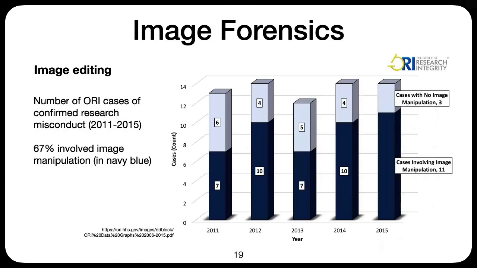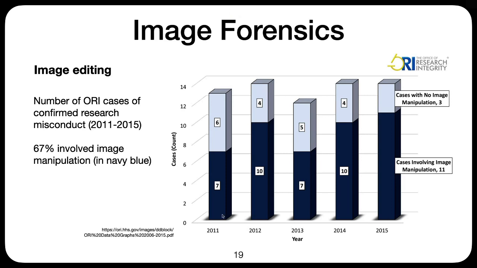And if you're wondering if this is a real problem, yes, it is. So here, this is the Office of Research Integrity. This is an American agency that works for the Human Health Services. They are responsible for doing the formal investigations of the authors that got federal funding and had misconduct in their scientific research.